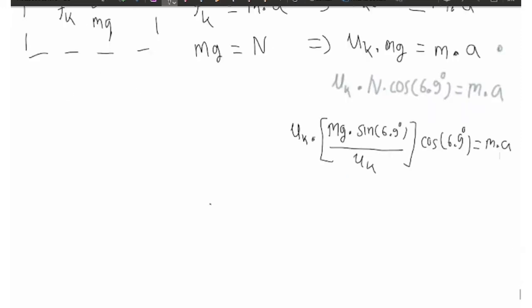And we can eliminate mu k and we can eliminate m, so we have the acceleration of the penguin on the horizontal patch equal to g times 2 sine of 6.9 degrees times 2 cosine of 6.9 degrees.